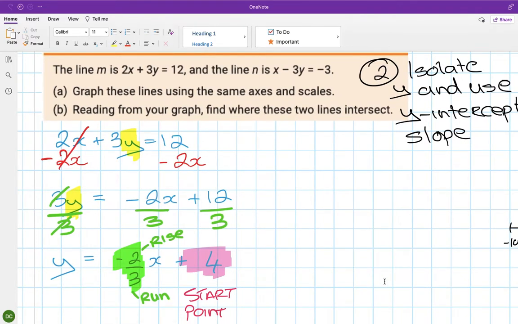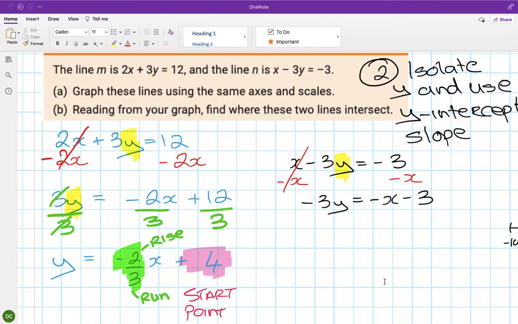Okay, so then we'll go over here and we go again. The other one is x minus 3y equals minus 3. And again, I want to isolate that y. So I'm going to minus the x and minus the x. Minus 3y equals minus x minus 3. And then I'm going to divide by minus 3, divide by minus 3, divide by minus 3.